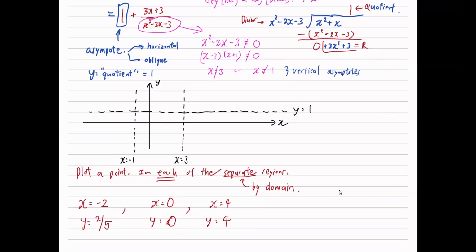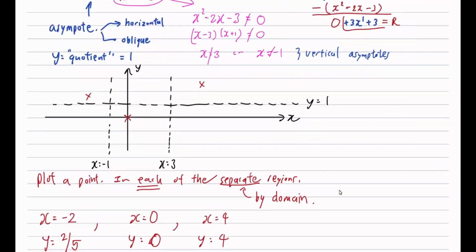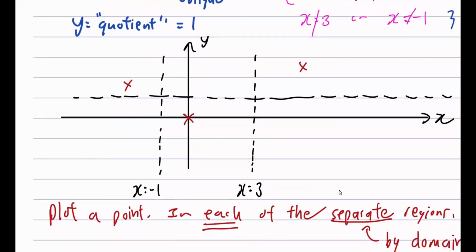Okay, good. Then now we can plot points. Plot those points. -2, comma, positive number, so it's somewhere here. 0, comma, 0, so somewhere here. 4, comma, 4, so somewhere here. Right? So in order for your graph to pass through those points, it will always have to approach the vertical asymptotes.